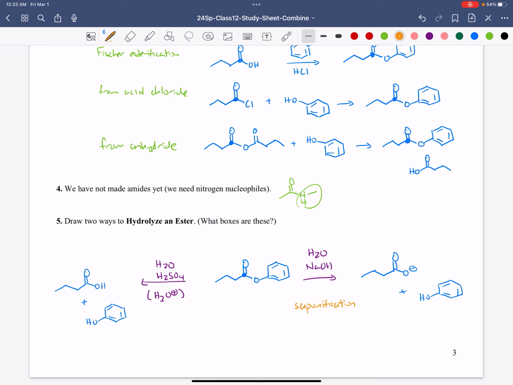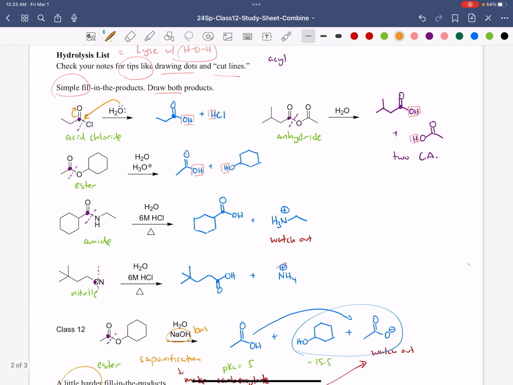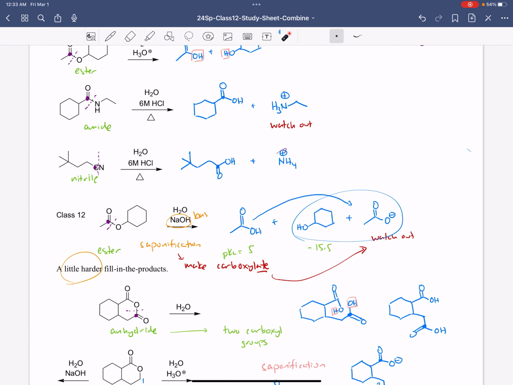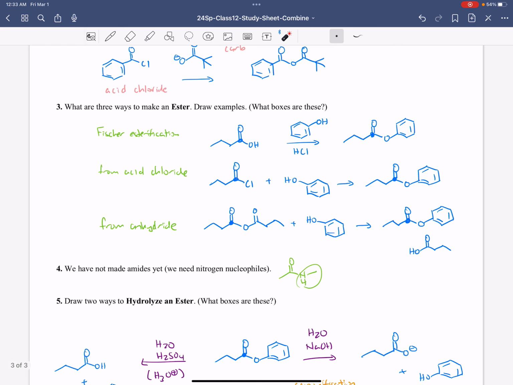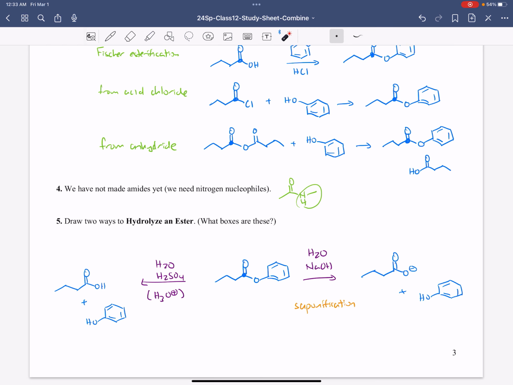With saponification, watch out, because you're forming the carboxylate. And I'm going to write that down. Carboxylate. And that's the difference in products between acid catalyzed and base mediated. Neutral carboxylic acid, carboxylate.